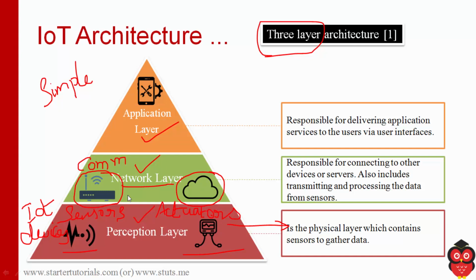You can see the responsibility of this network layer: it is responsible for connecting the devices to servers which will be there in the internet or cloud. And what happens in the communication? Typically the data is transmitted or processed, and the data comes from sensors, right?